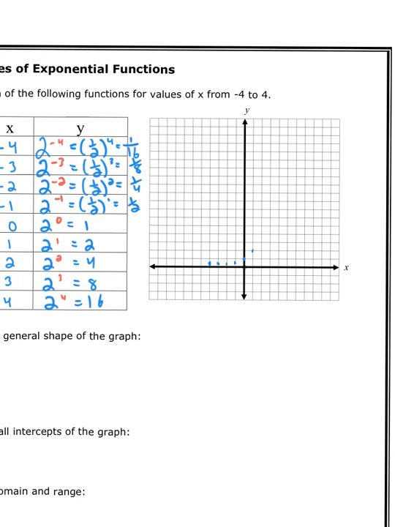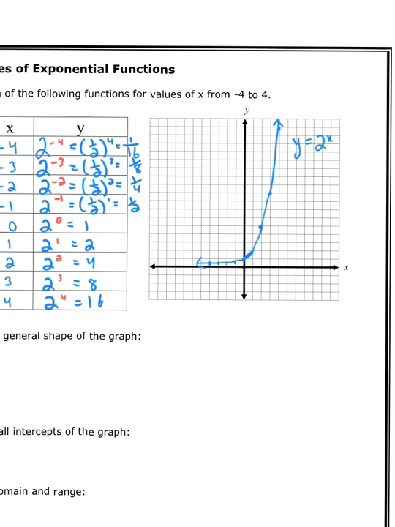And then I have 2, and then 4, and then 8, and then 16. So now I will join these points together, and label the equation, y equals 2 to the exponent x.